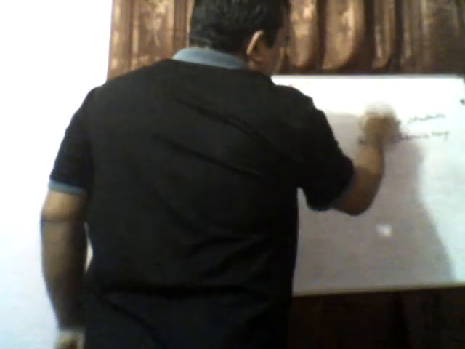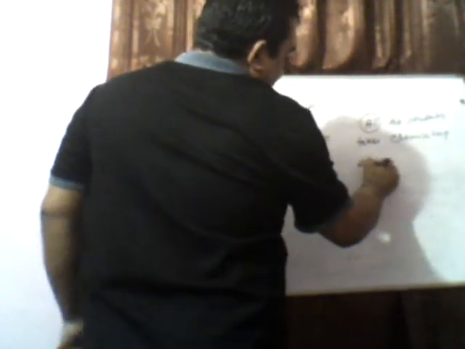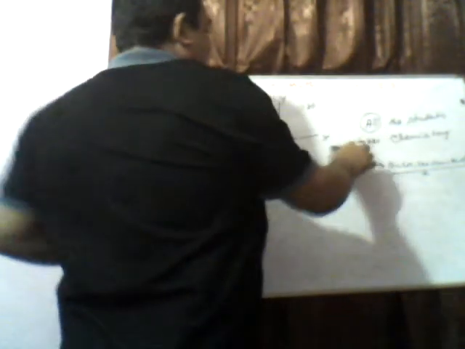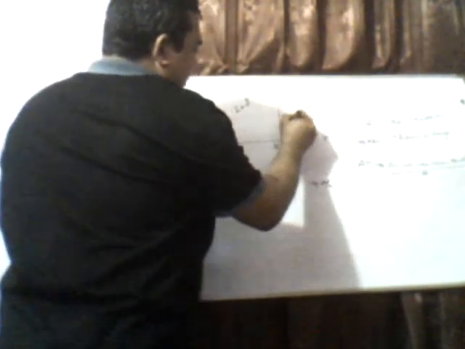All means sine, cos, sec, cosec, tan, cot are all positive in the first quadrant.